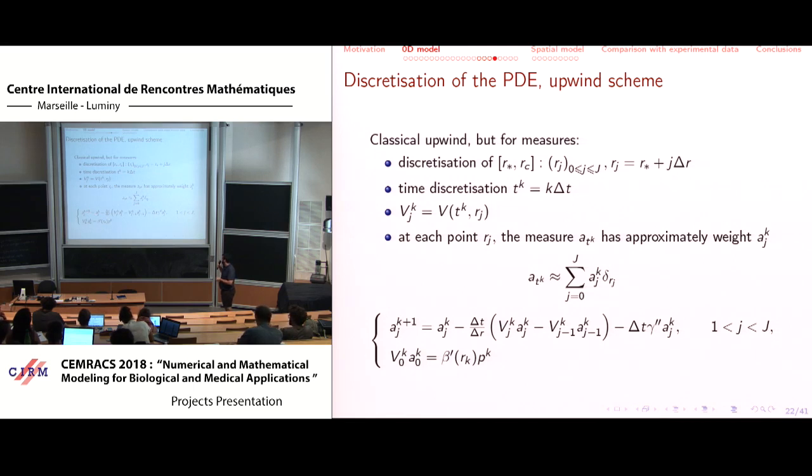You just use this. You look at the flux, at the velocity, and the mass might move. Well, that is in the previous cell, and it moves to the cell of index j with a certain velocity.